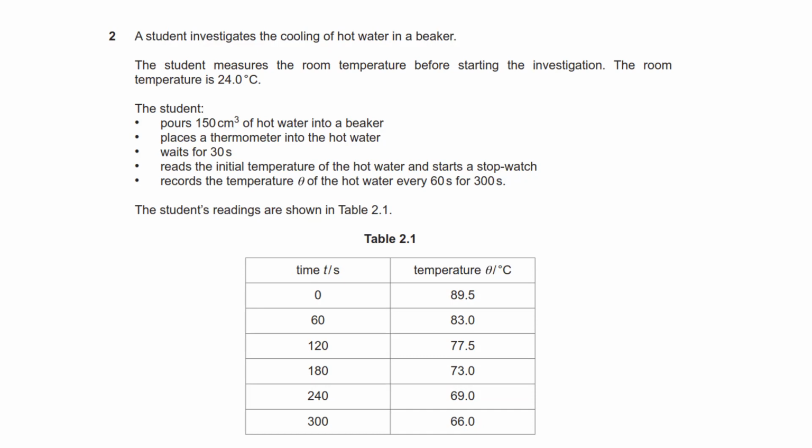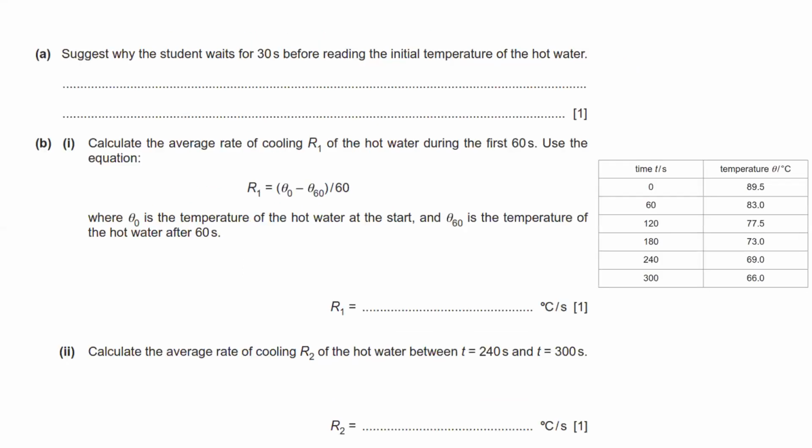Okay, table are given. So then it says suggest why the student waits 30 seconds before reading the initial temperature of the hot water. So remember, this is water. It takes some time for the water, or the temperature, to settle to a uniform value, and that is why the student is waiting.